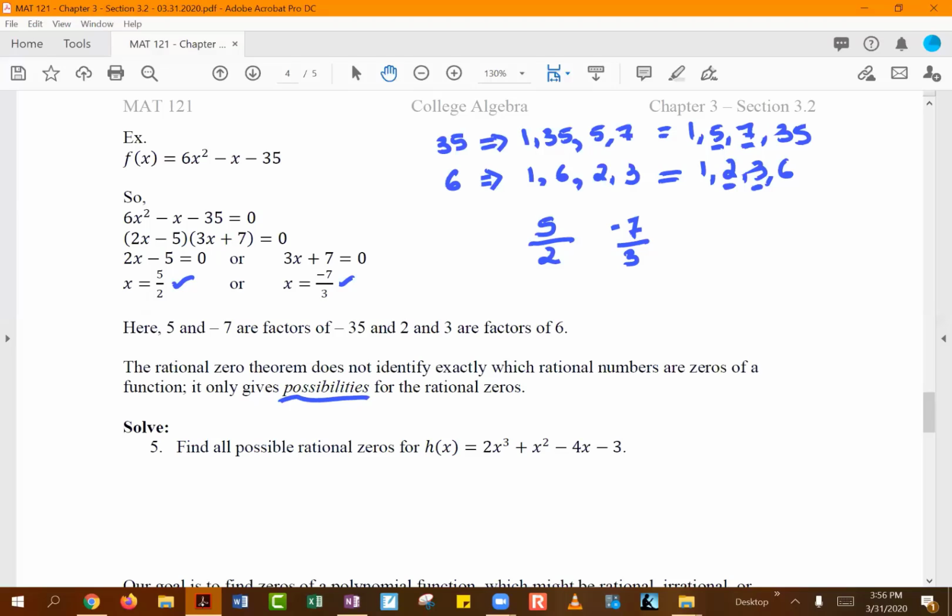What that means is once we go through this idea of the rational zero theorem, it's only showing you what all the possible answers can be, but it can actually give you a lot of choices. So sometimes it can give you 2, 4, sometimes it can give you 6, maybe even 12 different options.